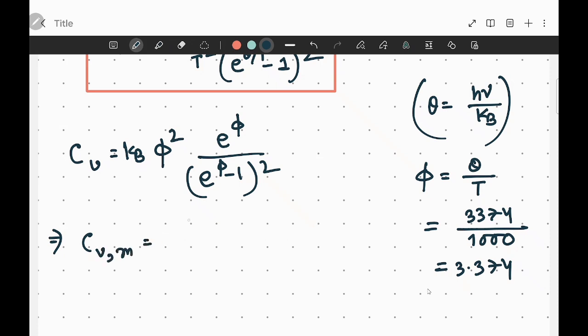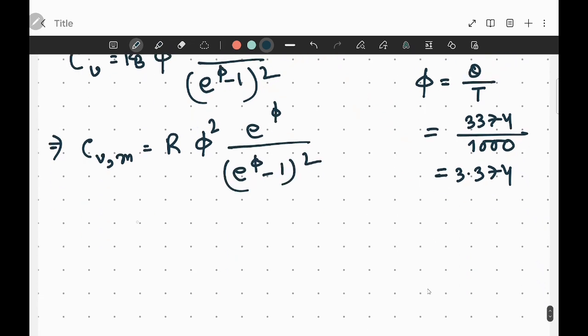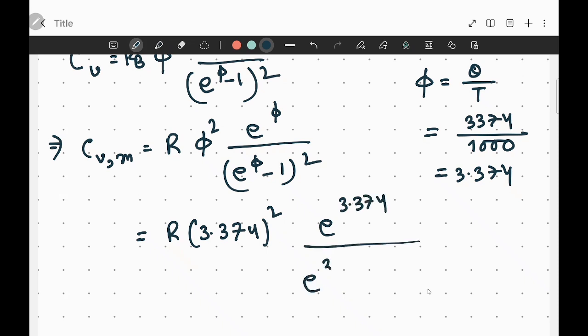Then you have to multiply it with Na, and kB will be converted to R. Okay, so it is R into 3.374 square times e to the power 3.374 divided by (e to the power 3.374 minus 1) square.